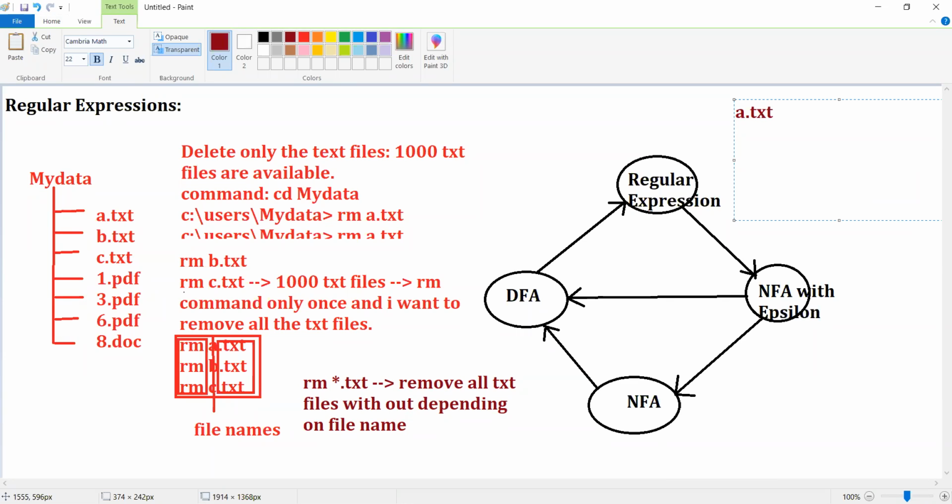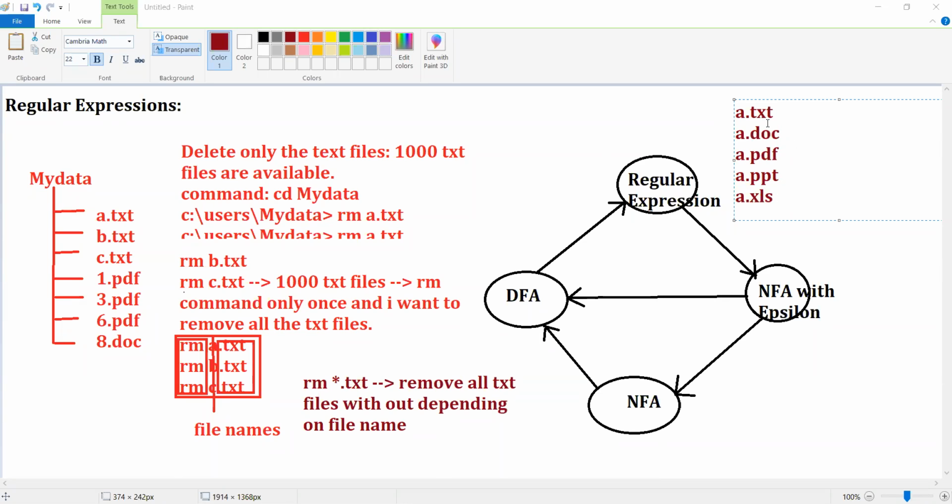A.txt, and then a.doc, and then a.pdf, and then a.ppt, and then a.xls. Now I want to remove all those files whose name is A. Please try to understand the question.